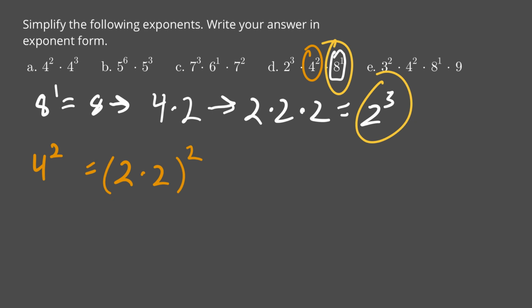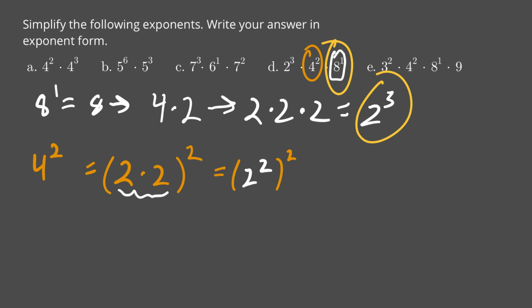Okay, now we can simplify the inside of the parentheses, 2 times 2, as 2 to the power of 2, and then rewrite the exponent, squared. Okay, if this is a new example or a new problem for you, check out one of our other videos on how to simplify exponents in parentheses.